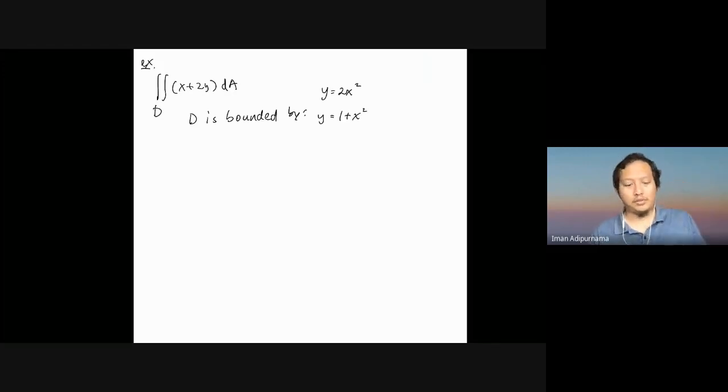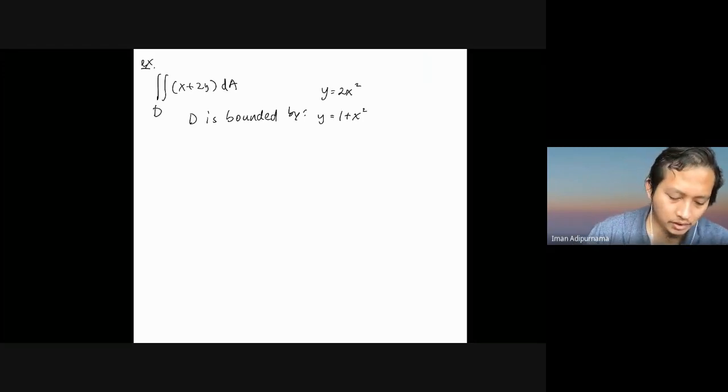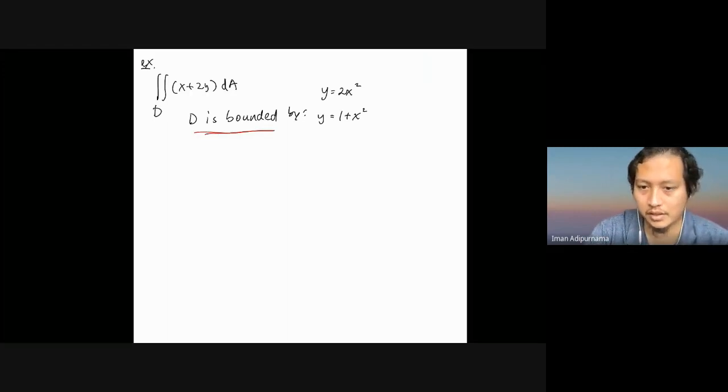Okay. Now the important thing in the double integral is not drawing the volume as it is, but rather we need to draw the boundary, the D, or in this case R. Maybe sometimes they are using R, sometimes D. Okay.